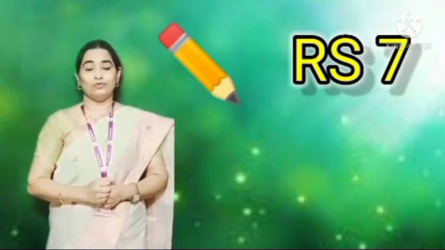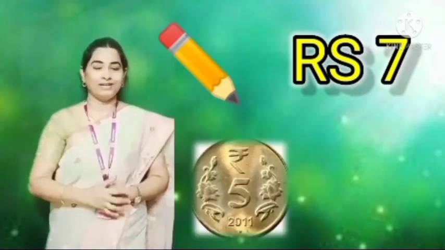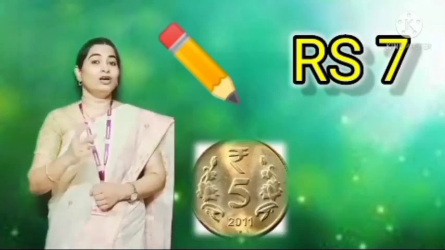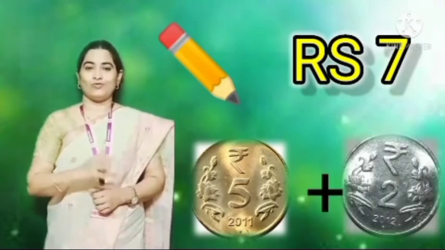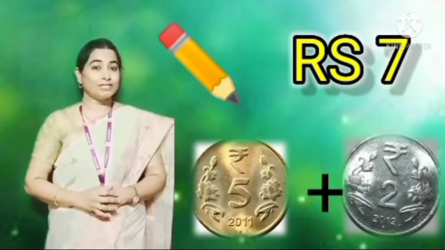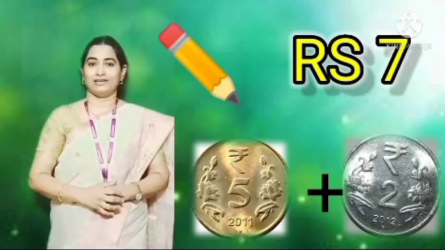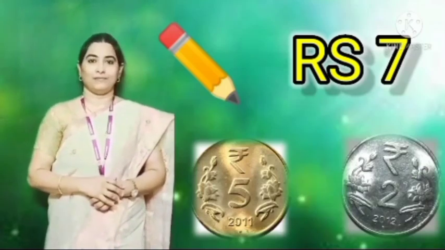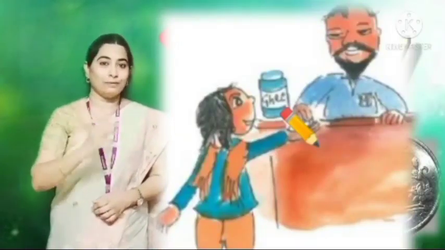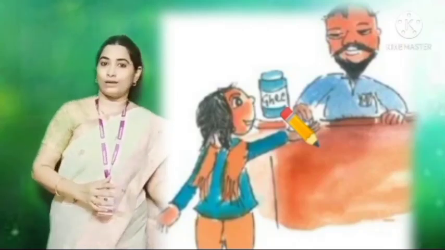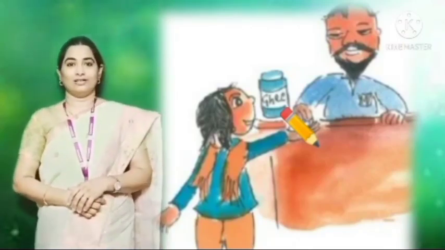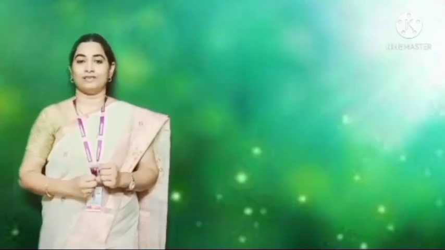Yes, you will take a 5 rupee coin and a 2 rupee coin. So 5 plus 2 is 7. 7 rupees. You can give 7 rupees to the shopkeeper and you can buy the pencil. So when you buy some things, you need to know the money, how much it costs.